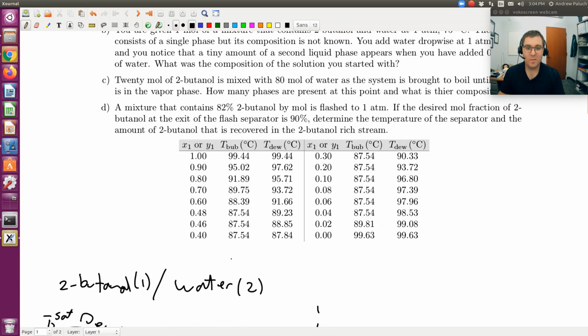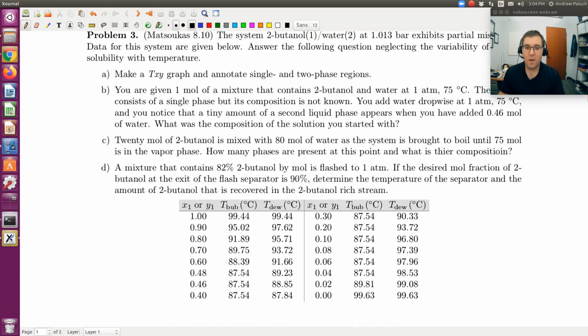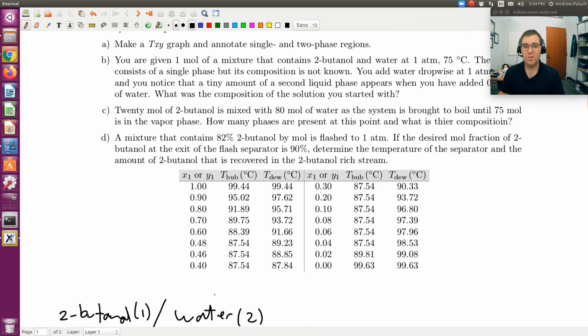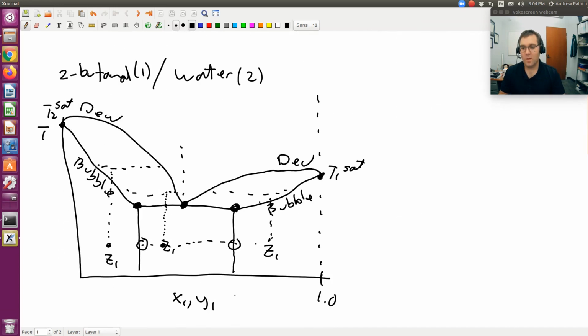Here's my sketch of my phase diagram. Part A: make a TXY phase diagram and annotate single and two-phase regions. It's going to be similar. Below my bubble line, I have liquid. Where it differs is between these two crossbars.